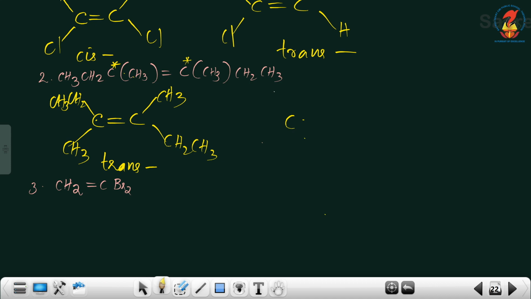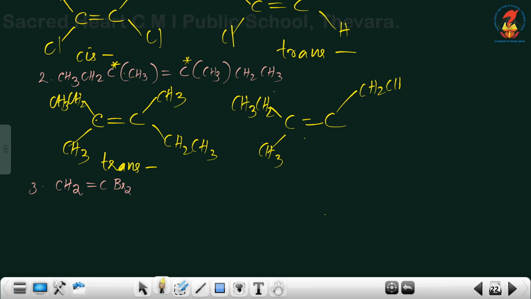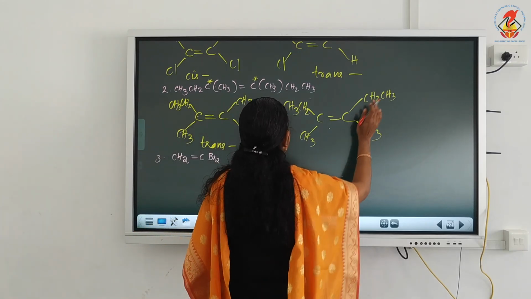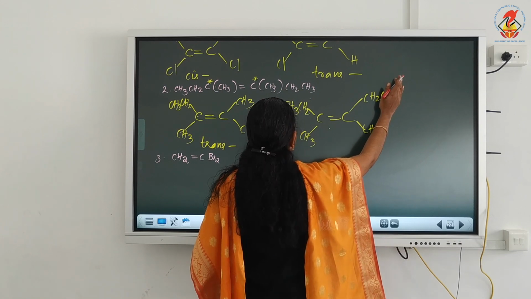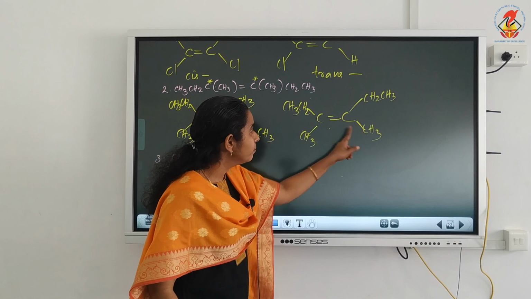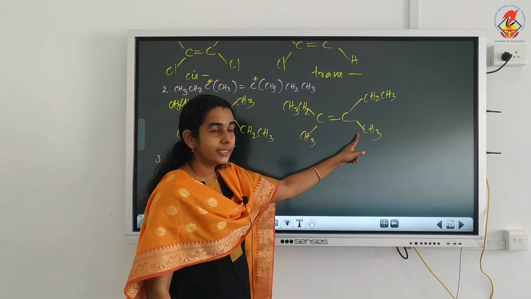Now how to draw the cis isomer here? Double bonded carbon. Keep one side same as such. Just exchange the groups on the other carbon. So here I am writing CH2CH3 and here CH3. Now if you look at the structure, the similar groups, the CH3, are on the same side.